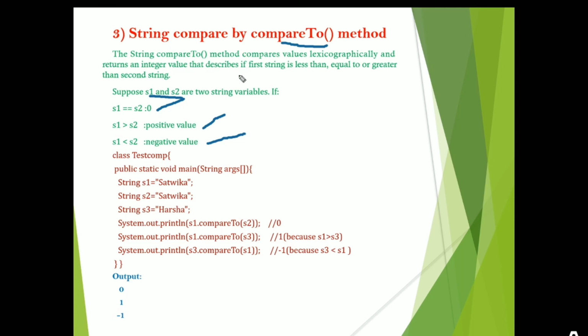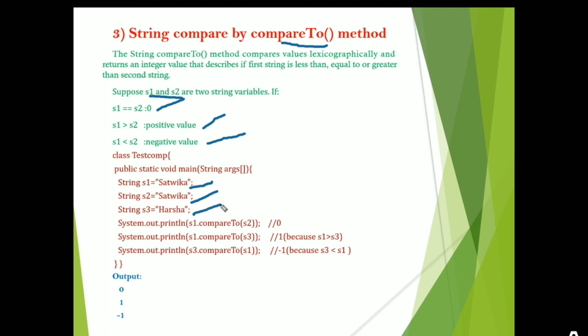Whether the first string is less than, equal to, or greater than the second string can be found when we use the compareTo method. Here we create objects: s1 assigned with Satvika, s2 also assigned with Satvika, and s3 assigned with Harsha.